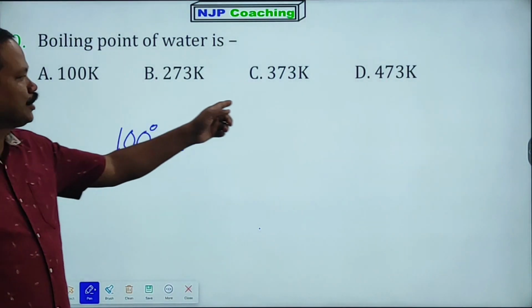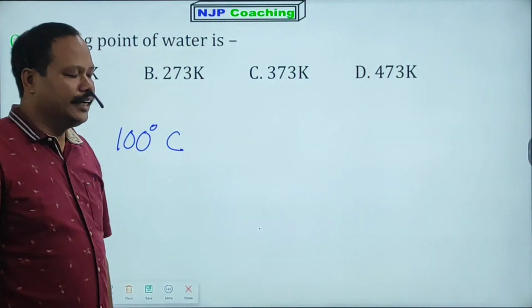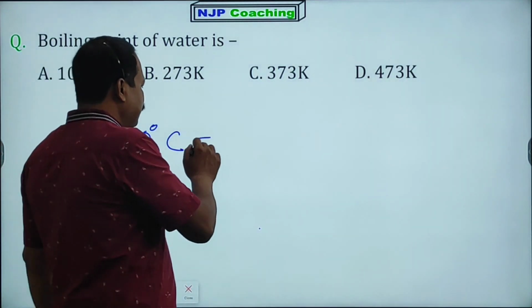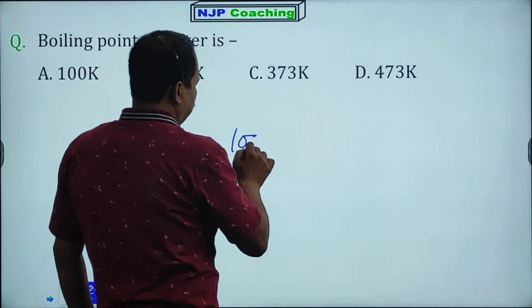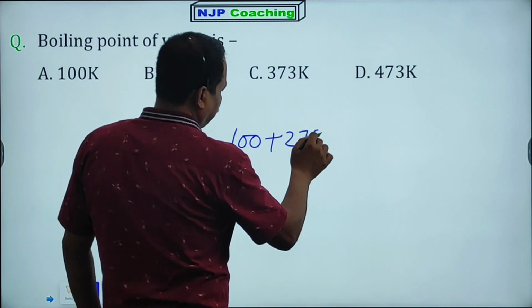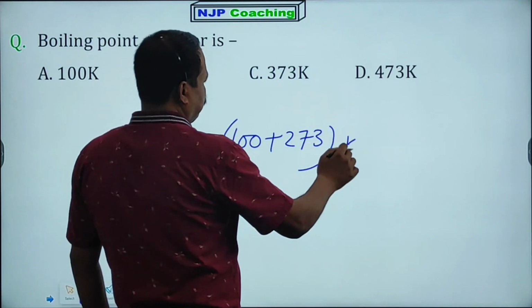But our options are in Kelvin, in SI unit. So to change this into SI unit, we have to add 273 to get Kelvin.